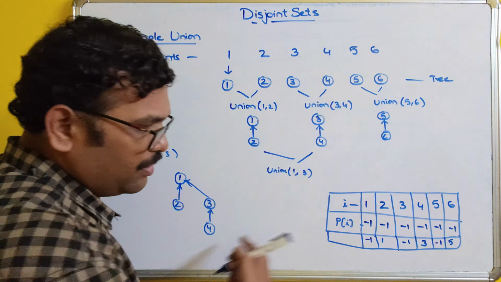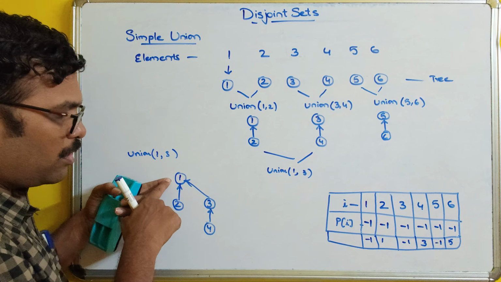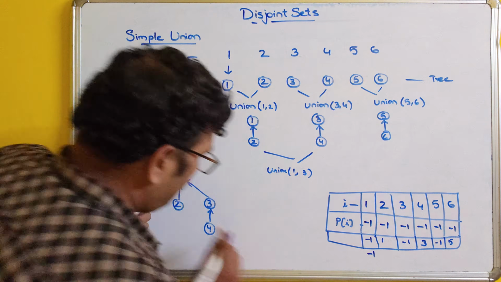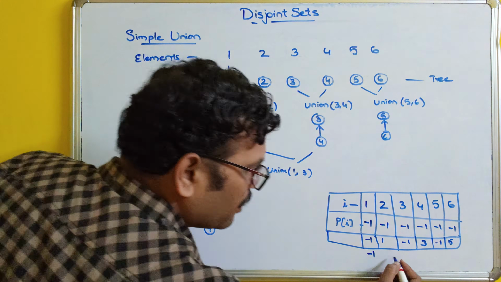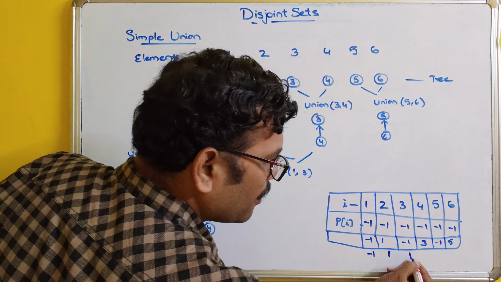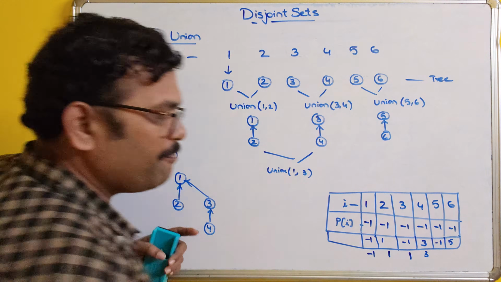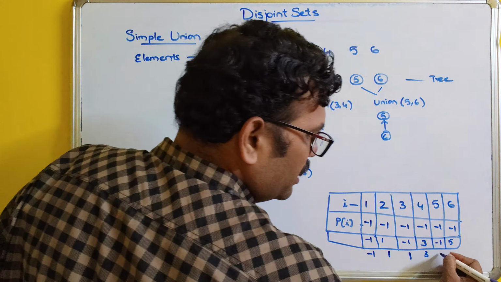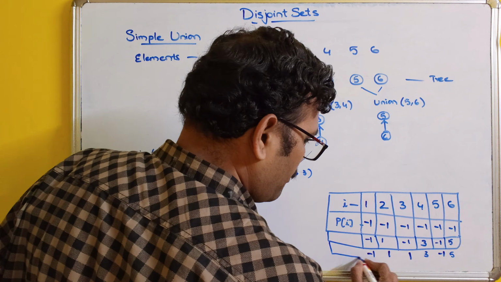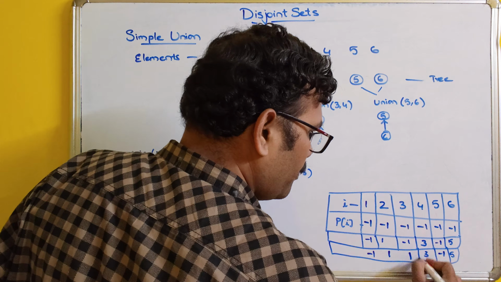So update the parents. The parent of 1 is -1 because it's a root. Parent of 2 is 1. Parent of 3, again it's 1. Parent of 4 is 3. And similarly, this is -1 and 5.